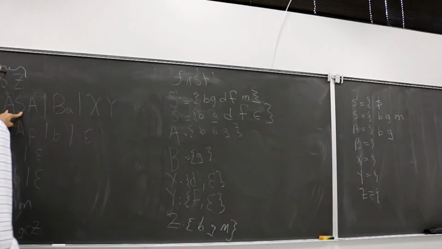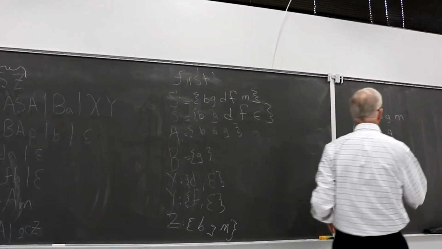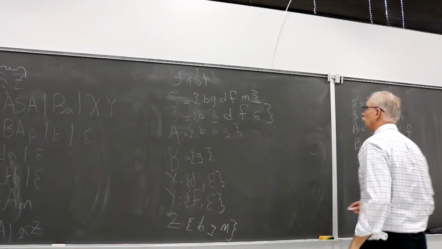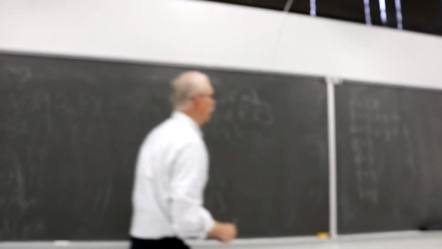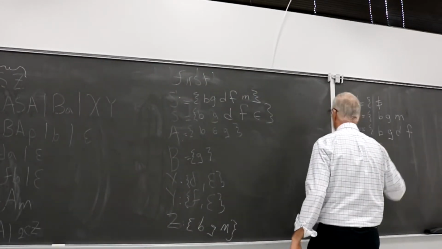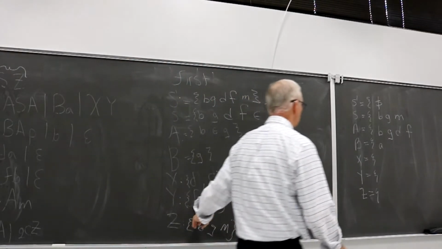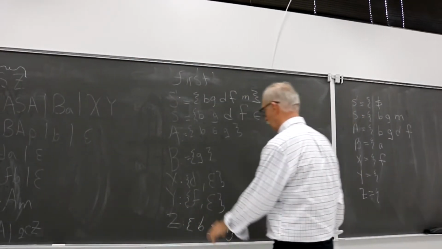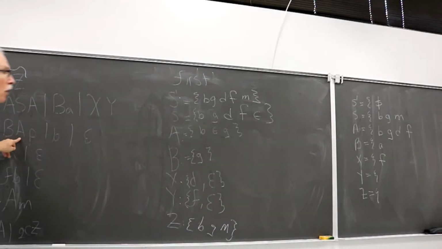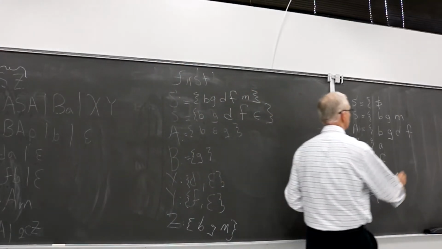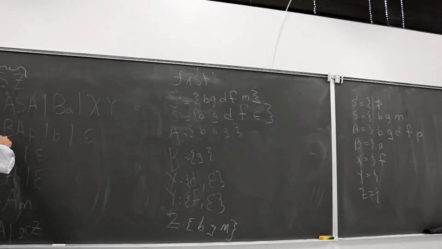The first of S is in the follow of A. The first of S, B, G, D, F, in the follow of A. The first of little a is in the follow of B. The first of Y is in the follow of X. The first of P is in the follow of A. The first of A is in the follow of B.